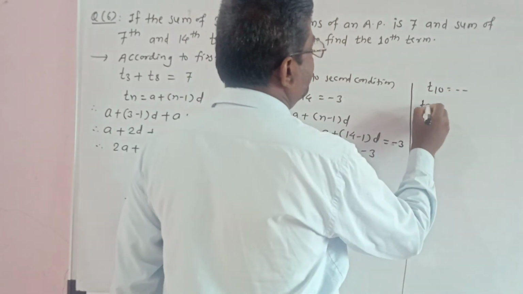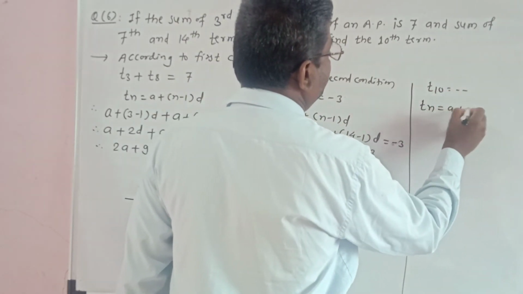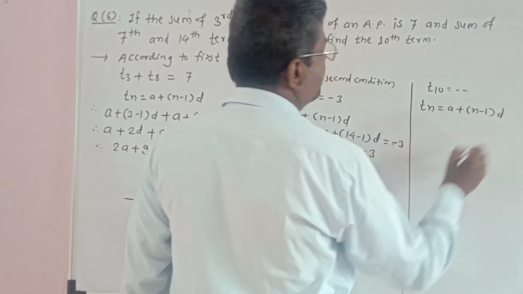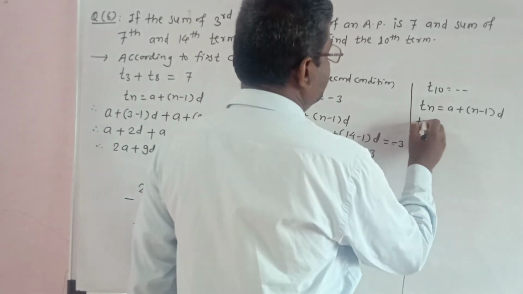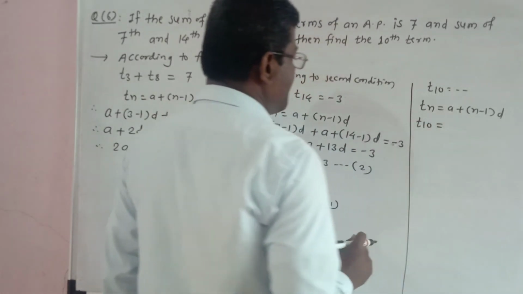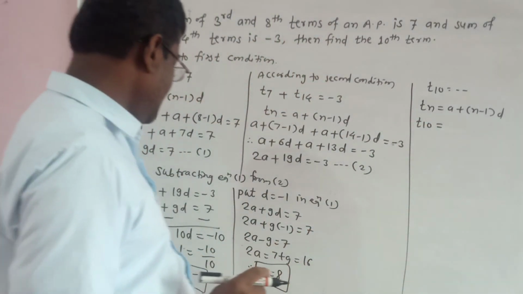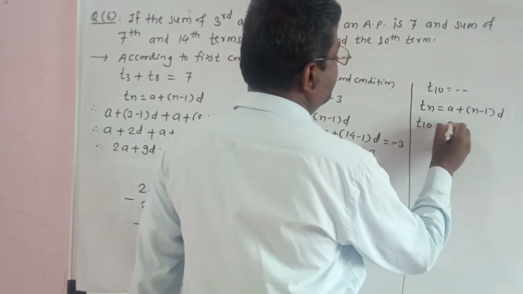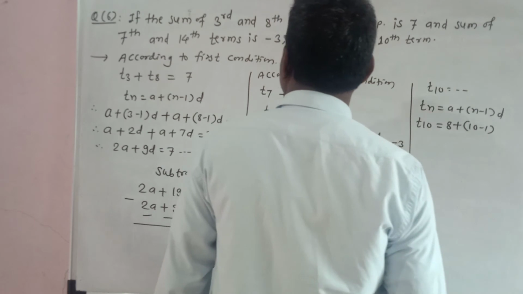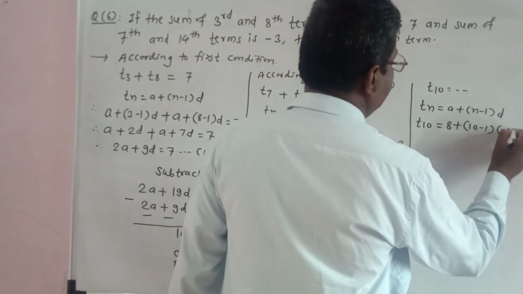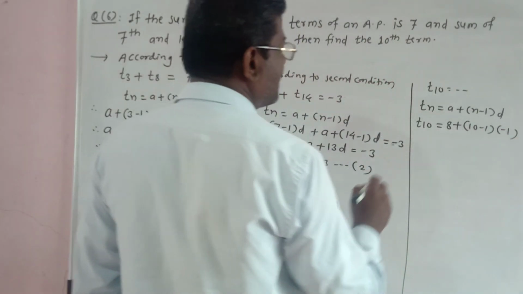Now here also we use the formula Tn is equal to a plus n minus 1 into d. So T10 is equal to a, the value of a is 8, 8 plus 10 minus 1 into d, the value of d is minus 1.